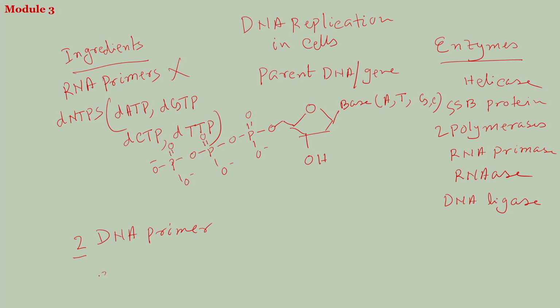RNA primers were needed in multiple numbers. dNTPs, yes. These 2 are needed. Enzymes: helicase, no need. Single stranded binding protein, no need. Polymerase you need, only 1. RNA primase no need, RNase no need, DNA ligase you do not need.